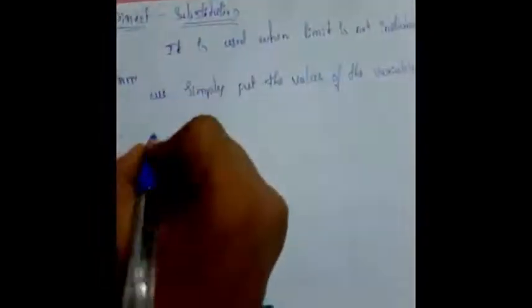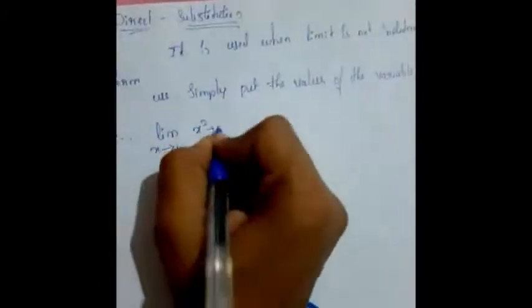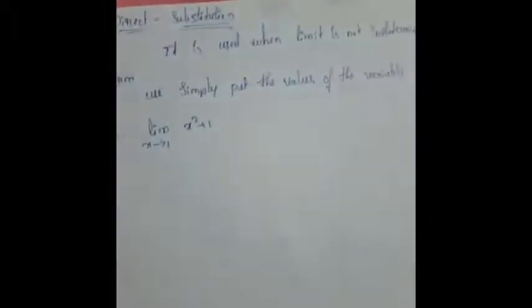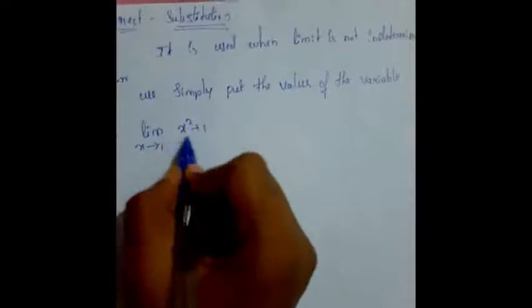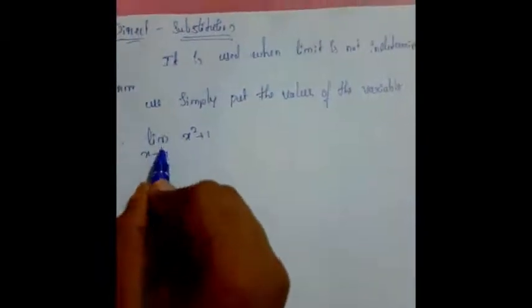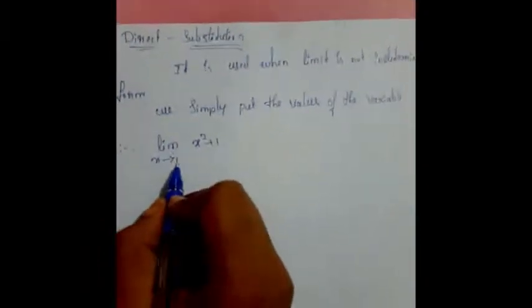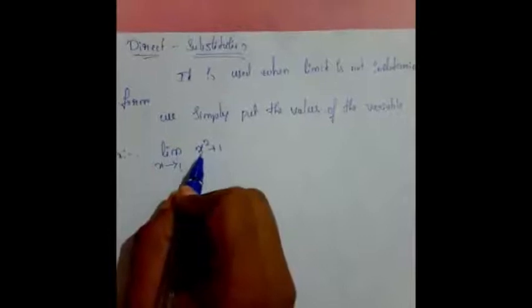Let us see the examples. You will get to know. The first example is limit x tending to 1 of x square plus 1. It's a simple example. In place of x, if you put 1, the limit means x is approaching 1, so put the value 1.